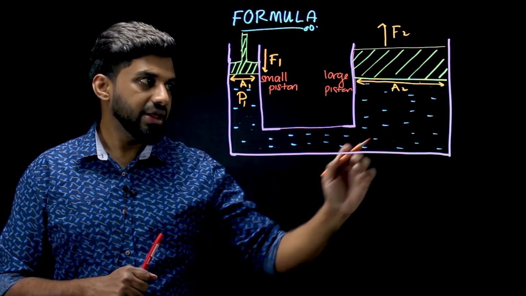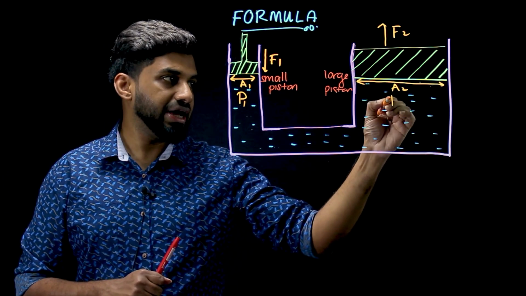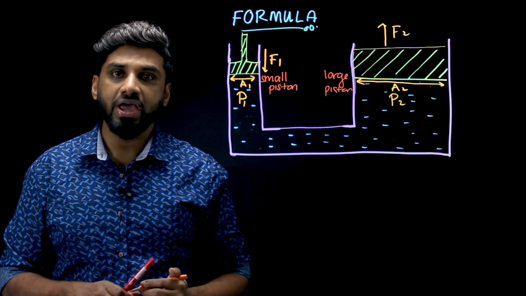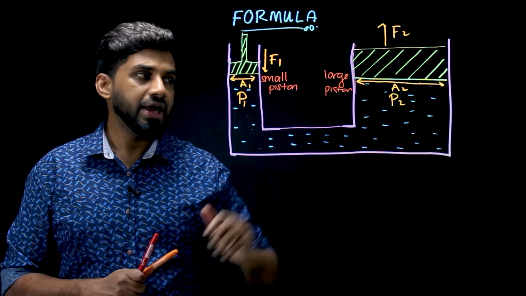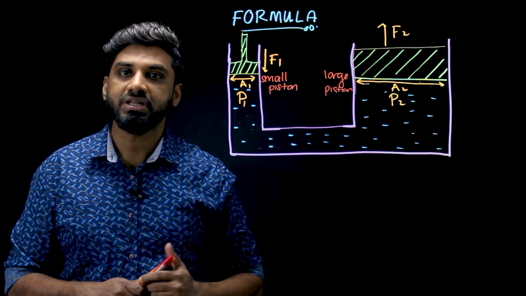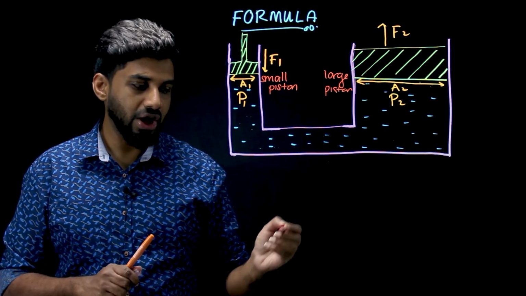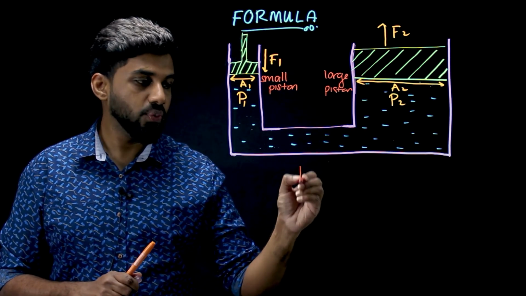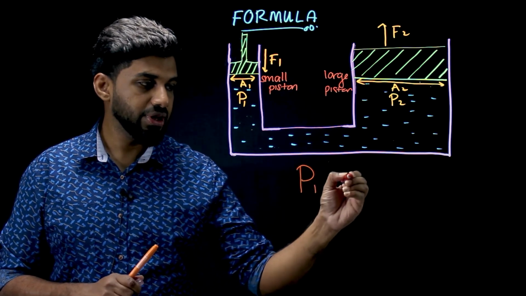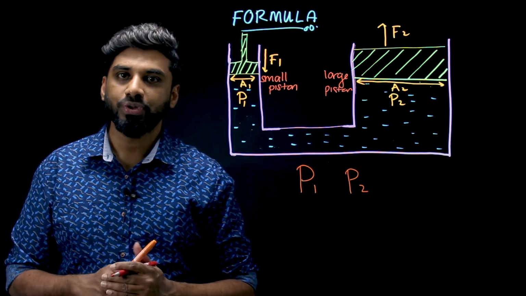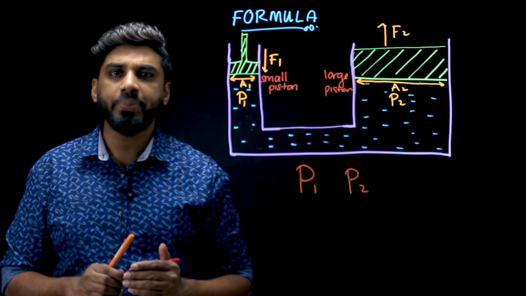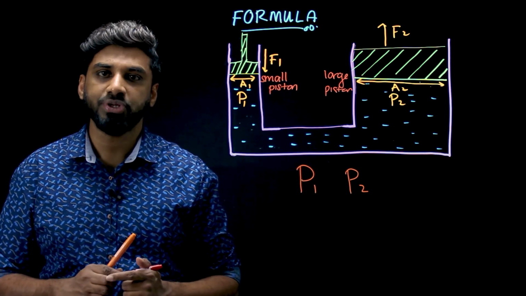On the other side, let me label the pressure here as P2. Now we have the pressure at the smaller piston labeled P1 and the pressure at the larger piston labeled P2. My question for you: what is the relationship between P1 and P2? Is P1 equal to P2, P1 more than P2, or P1 lesser than P2?